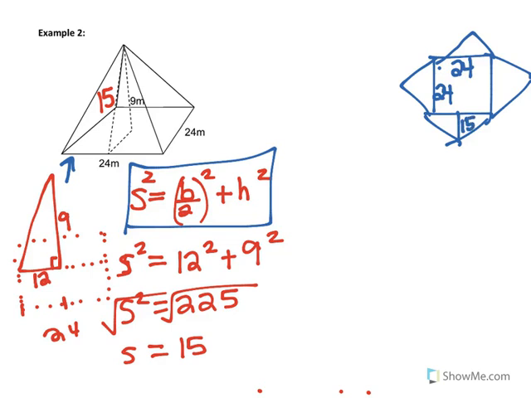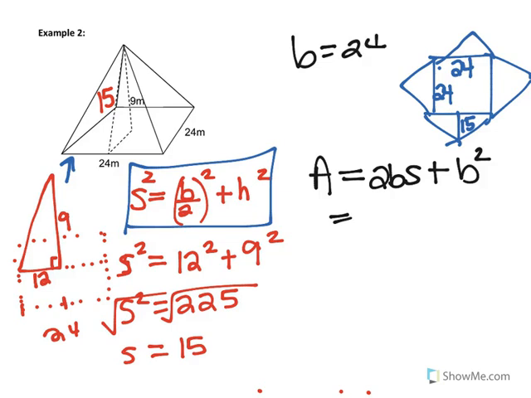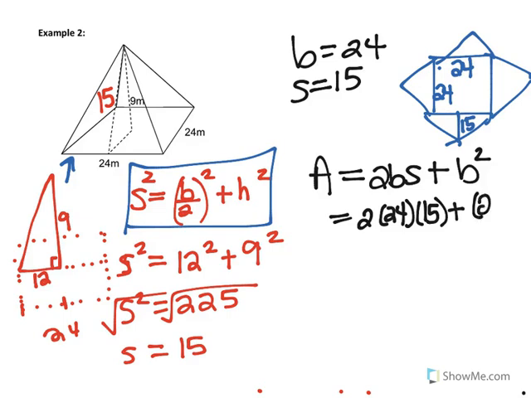And we still can just use the formula we got before. So we have 2 times the base times the slant plus base squared. In this instance, our base is 24, and our slant we now know to be 15. So 2 times 24 times 15 plus 24 squared.